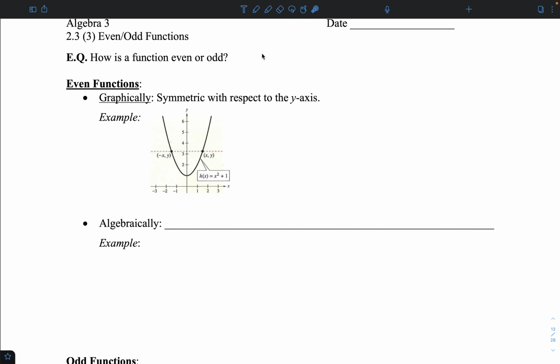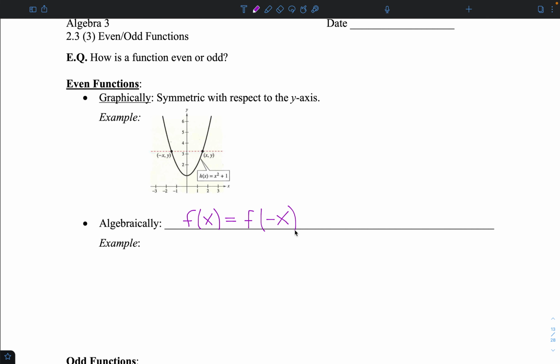Algebraically, if it is symmetric with respect to the y-axis, or if it is an even function, f of x will be the same as f of negative x.